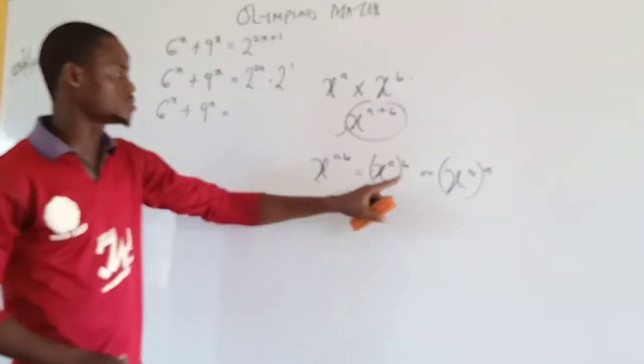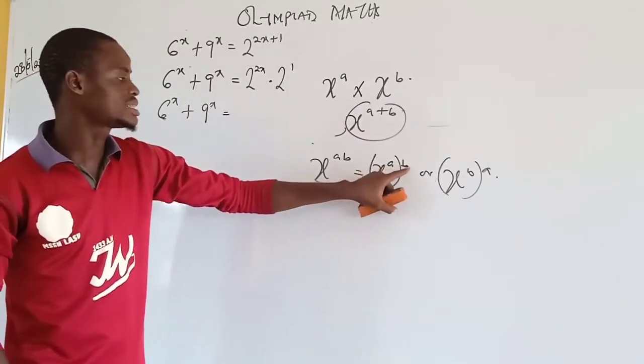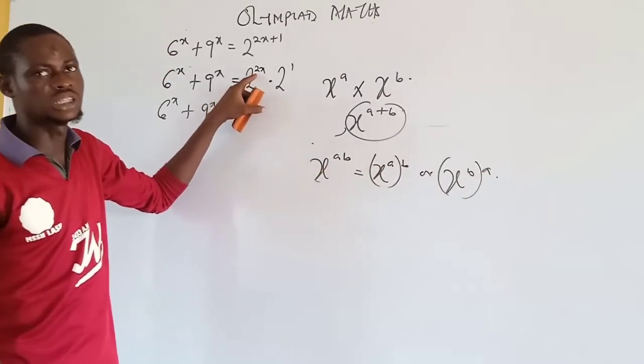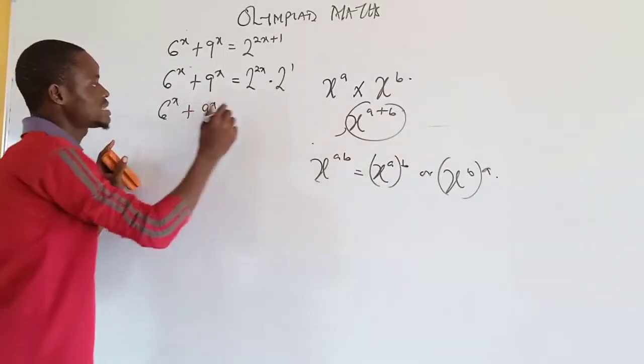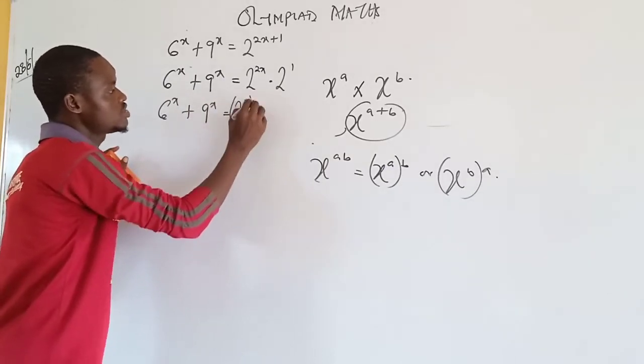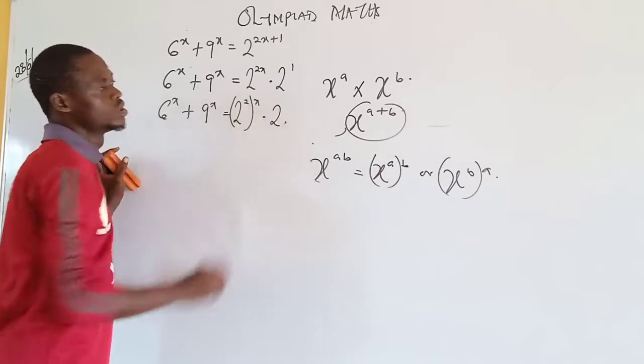This is the law of indices because if I have two powers, I can easily multiply them. I'm going to be applying that same law here, whereby I can easily say 2 raised to the power 2, everything raised to the power x, multiplied by 2.